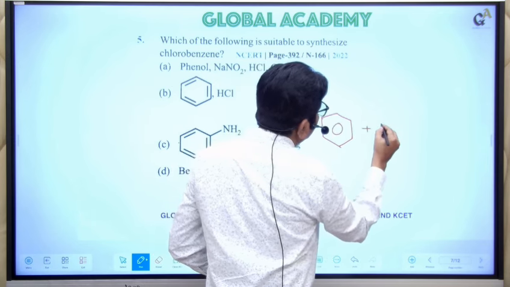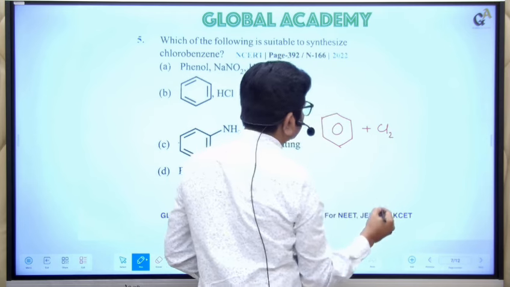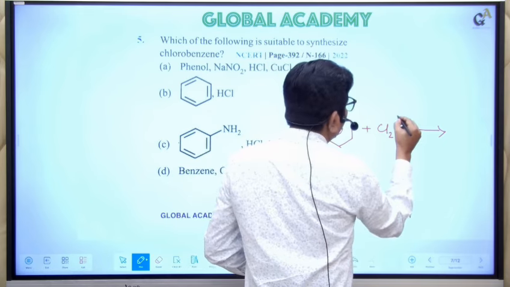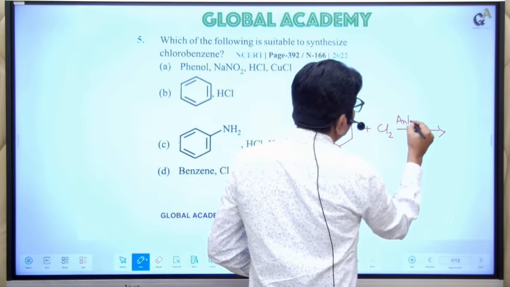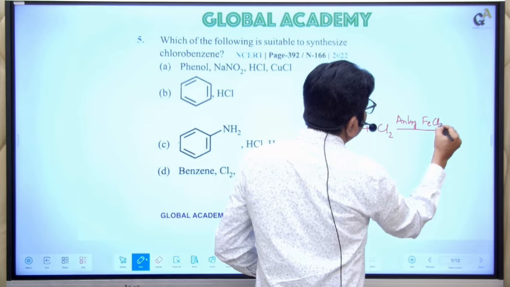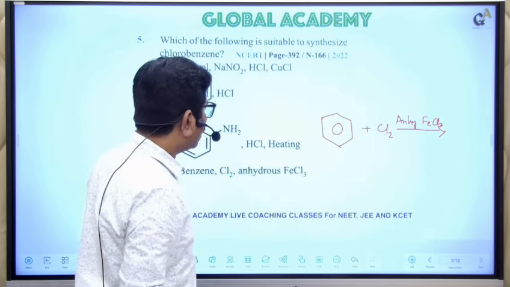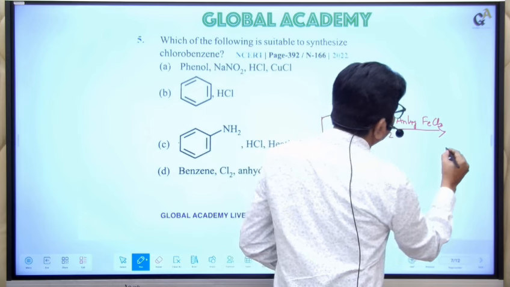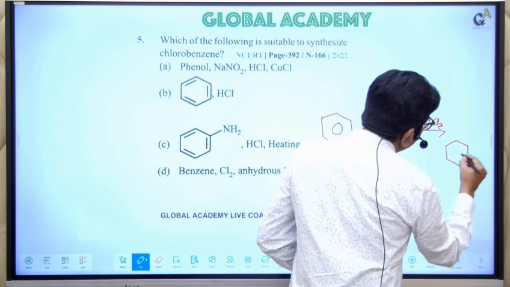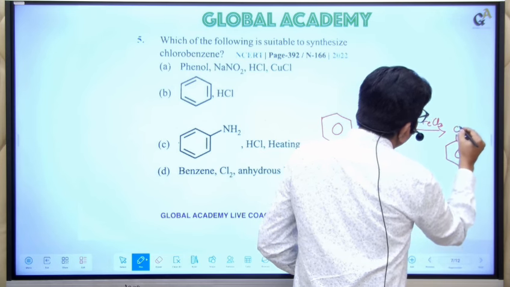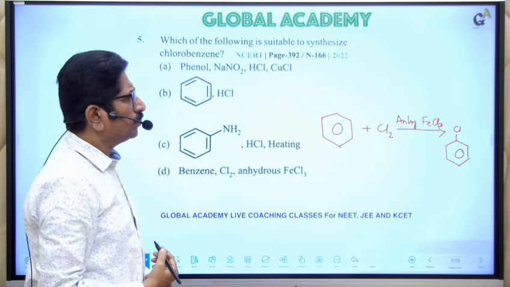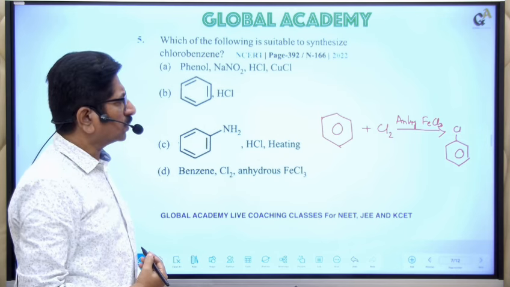When it reacts with chlorine in the presence of anhydrous ferric chloride, what you are getting is this compound, and that is chlorobenzene.